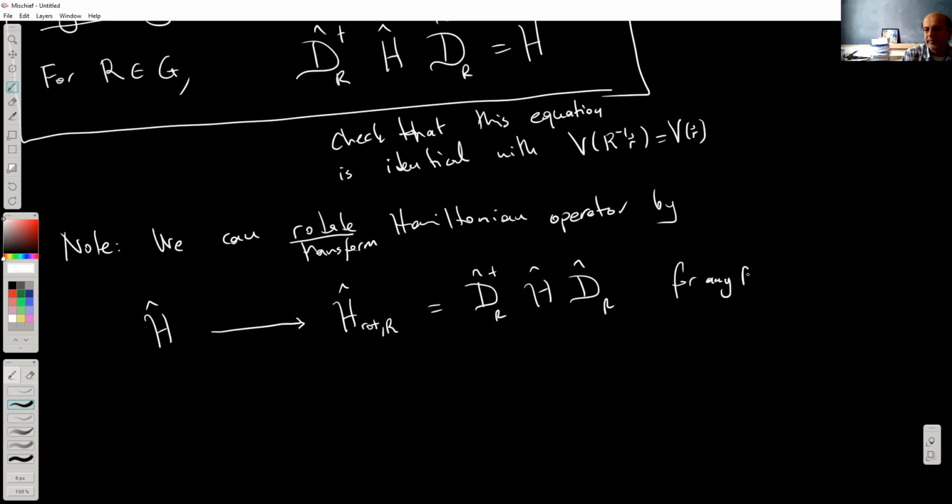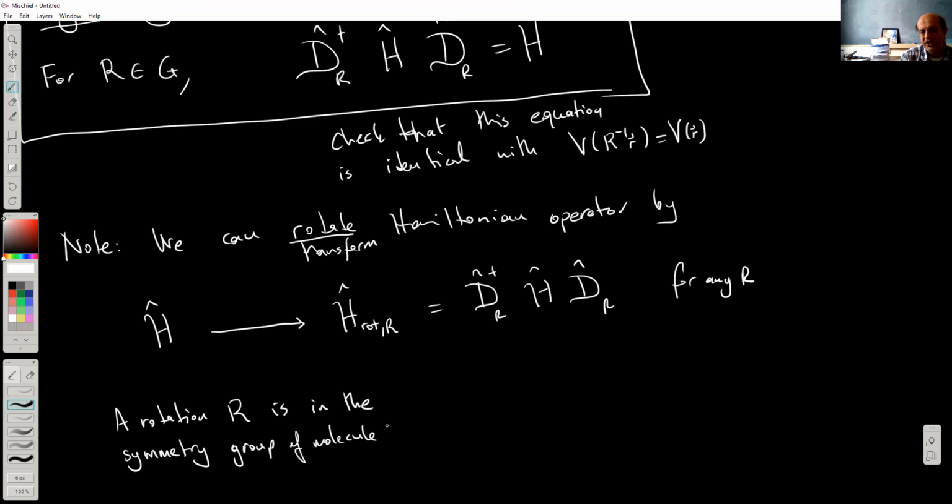So we say that a rotation R is in the symmetric group G, the symmetry group of the molecule, if and only if the rotated Hamiltonian is the same thing as the original Hamiltonian, right?